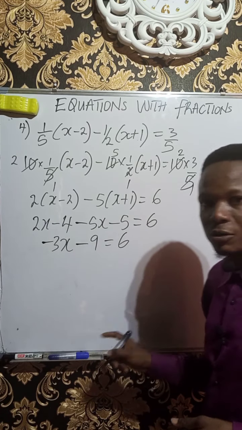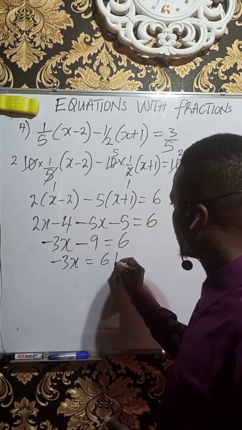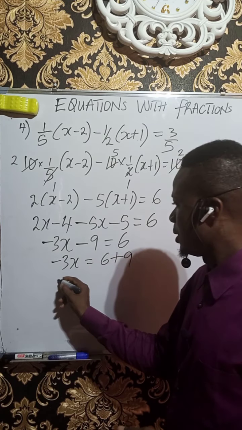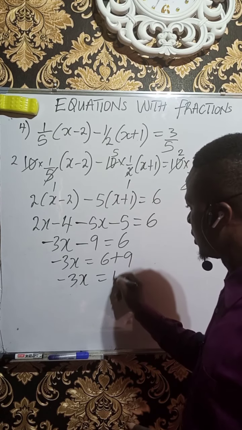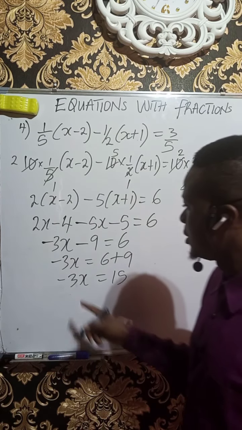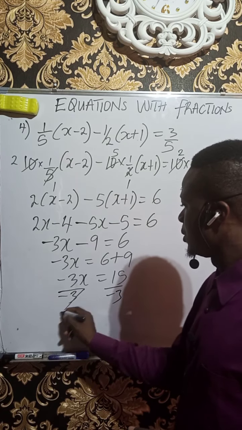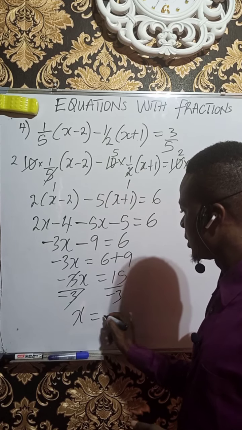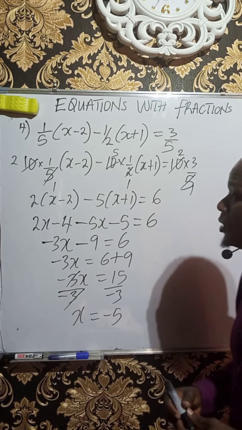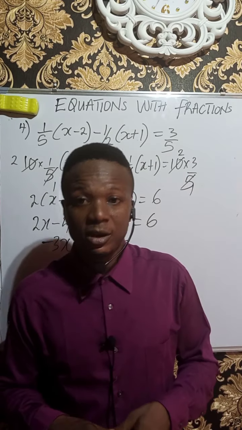Now we cross over, we'll have negative 3x equals 6 plus 9, and negative 3x will give us 15 because 6 plus 9 is 15, and to get rid of this negative 3 we divide both sides by negative 3. So this cancels out, we are having that x is now negative 5. So you can see that we've dealt with equations that are involving fractions.